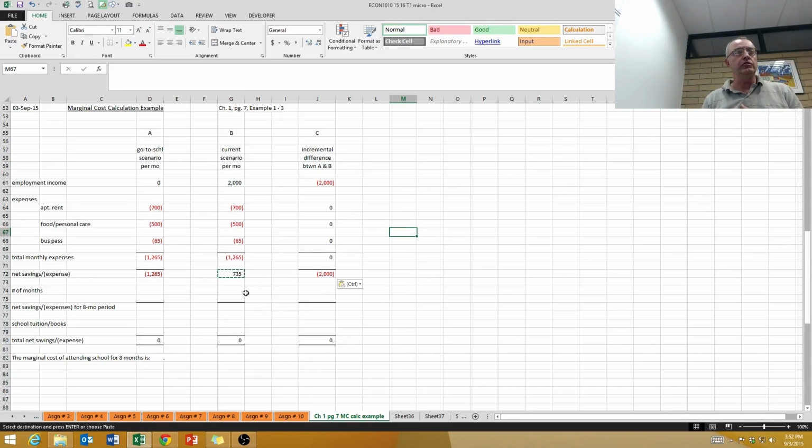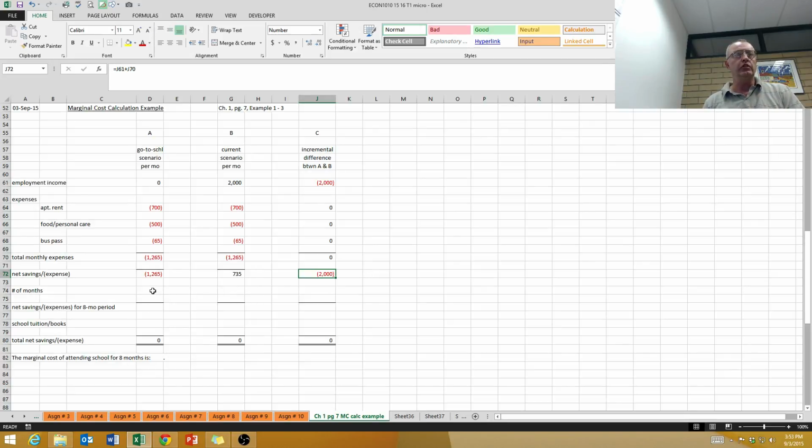She currently has monthly savings of $735 a month. If she goes to school instead, she loses her employment income, and she's going to have a net expense every month of $1,265. And the difference between $1,265 in net expenses and current savings of $735 equals $2,000 per month.